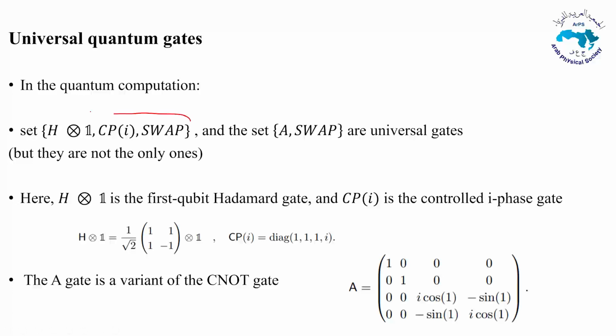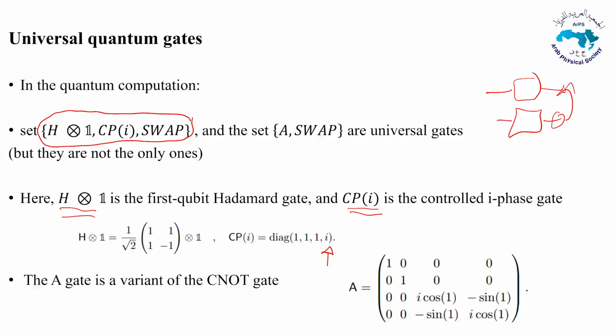The first set is formed by Hadamard, which is the gate where you can make a superposition of states, the phase shift R, which we also call the controlled phase shift, and swap. Swap means if you have a state on one qubit and another state on another qubit, you switch the states to the opposite. You swap the state from one qubit to another. This is the first universal quantum gate set.